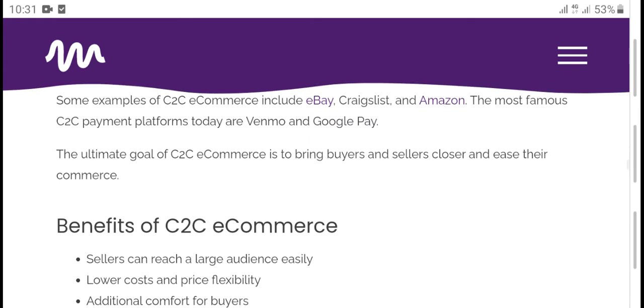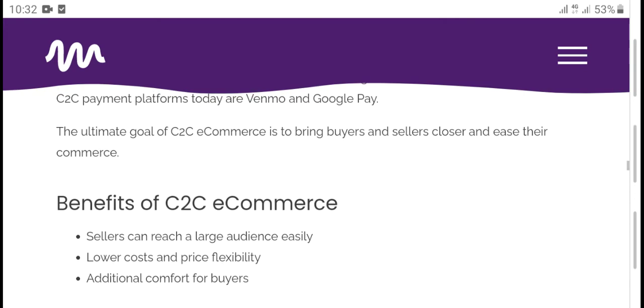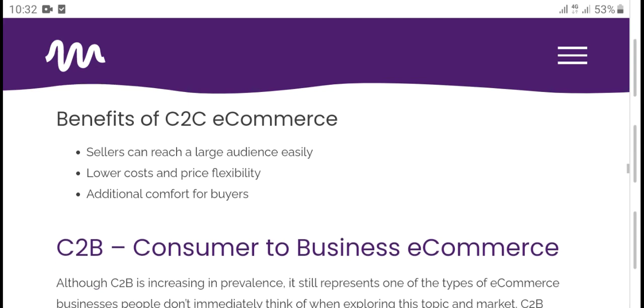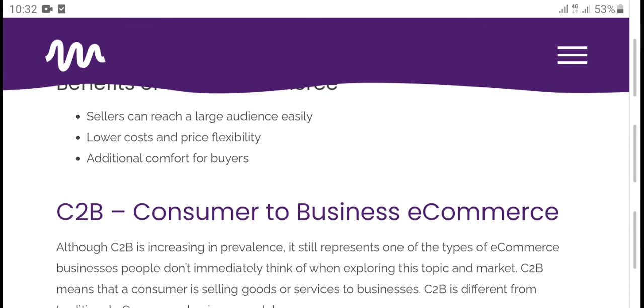The goal of C2C e-commerce is buying and selling among customers. Benefits of C2C e-commerce: sales reach a large audience easily, low cost and price flexibility.